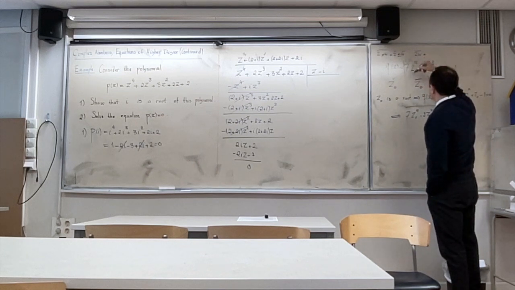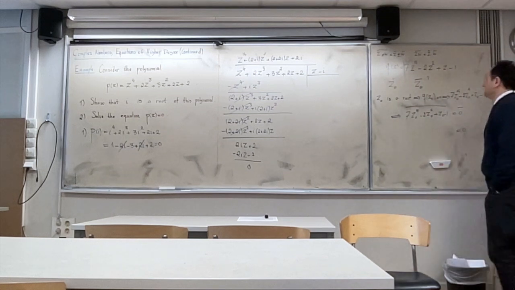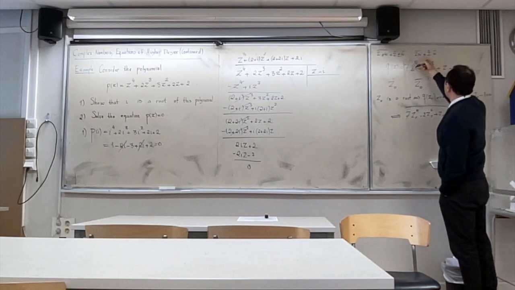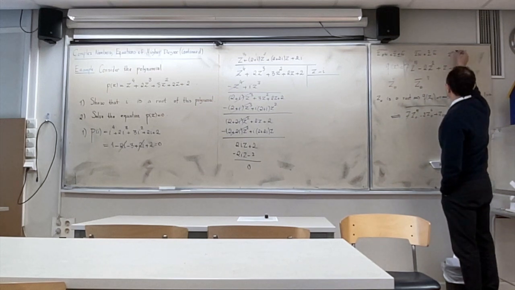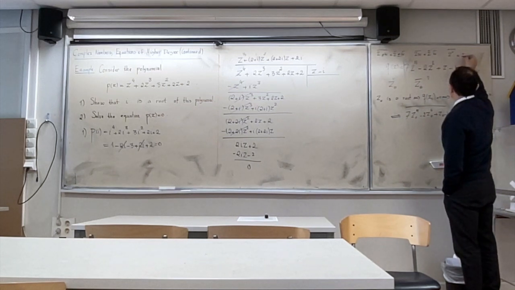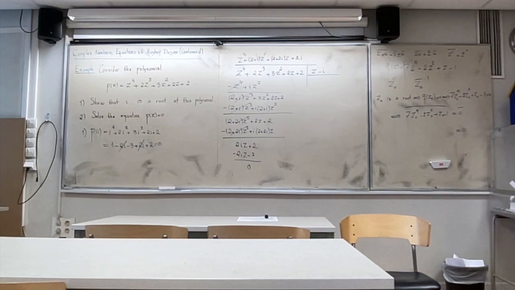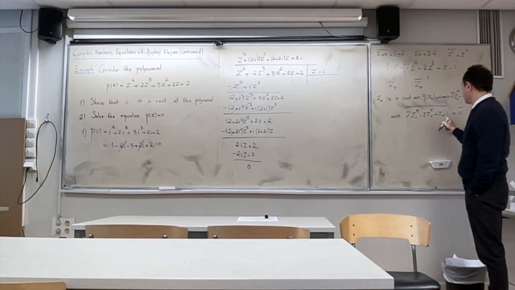Division is not needed here, so let me write multiplication. So we had these two rules before. And then we also use this rule to write z to the n bar is equal to z bar to the n if n is a natural number. These rules, I hope that you remember at least. We studied them.